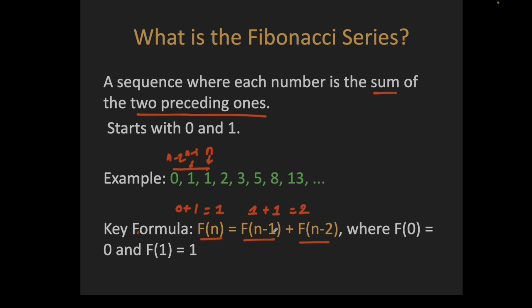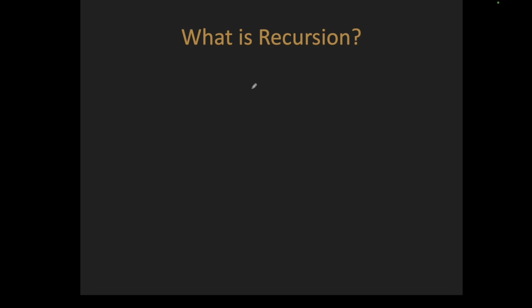So fn minus 1 plus fn minus 2, these two sum will give the value of fn, that is 1. So this is the formula. Every time we should know that it will start with 0 and 1, so that we will get the sequence like this. So now what is recursion?